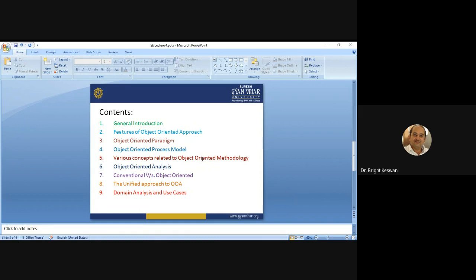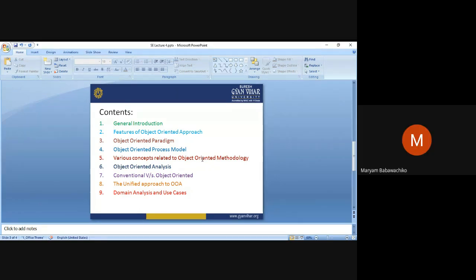Do you remember the spiral model? There are basically four segments. The first phase is related to planning, the second is related to risk analysis, the third is related to development, and the fourth is related to planning again.